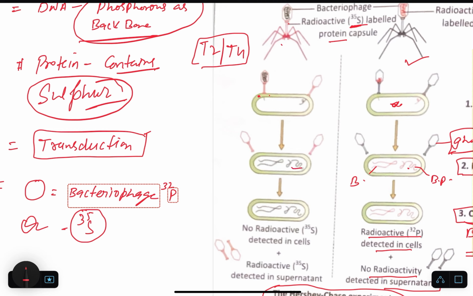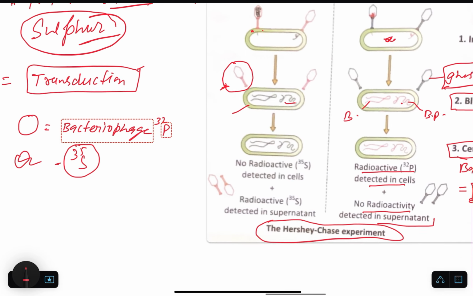Then with the help of blending they separate the coat or ghost from the bacteria, and centrifuge the bacteria to separate the bacteriophage and DNA molecules, and they found that the radioactivity is only detected from the supernatant. Radioactivity is only detected from the protein part and not from the genetic material, because their DNA is not radioactively labeled.